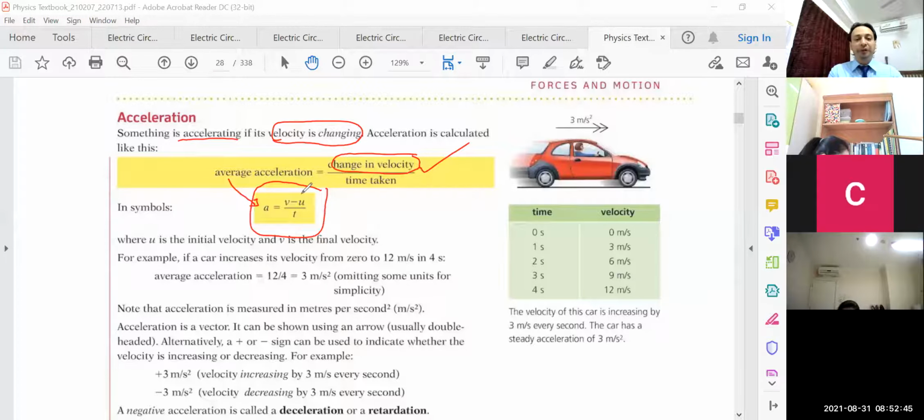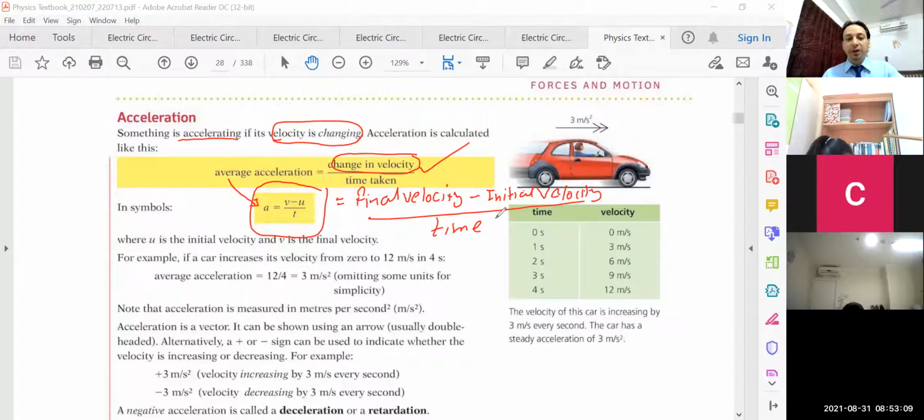Now what is v? This change in velocity you can also write in this form: final velocity minus initial velocity, divided by time taken. That is called the acceleration.